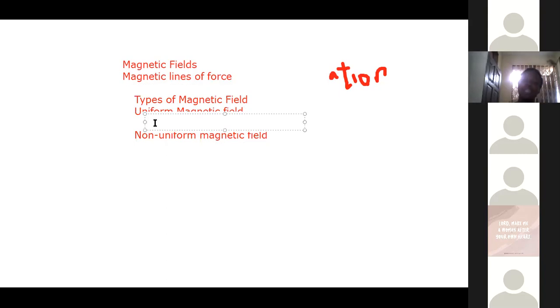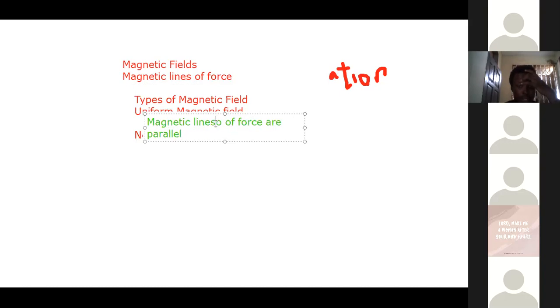When we say parallel, they have the same distance and they never meet. Magnetic lines of force are parallel.